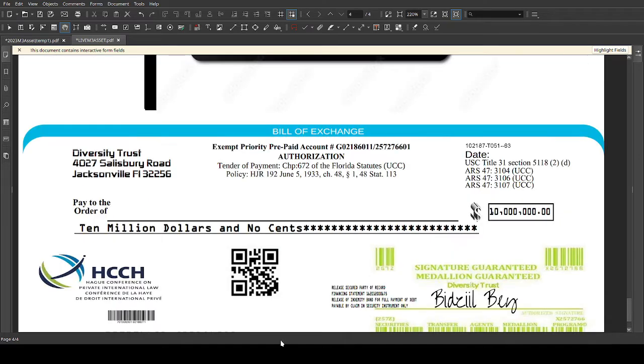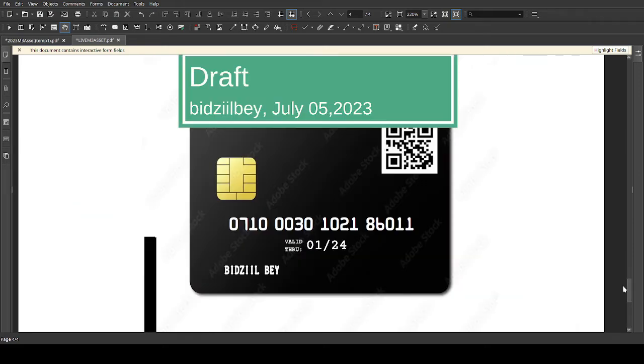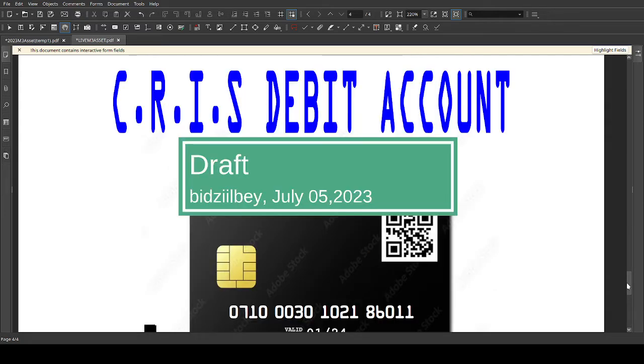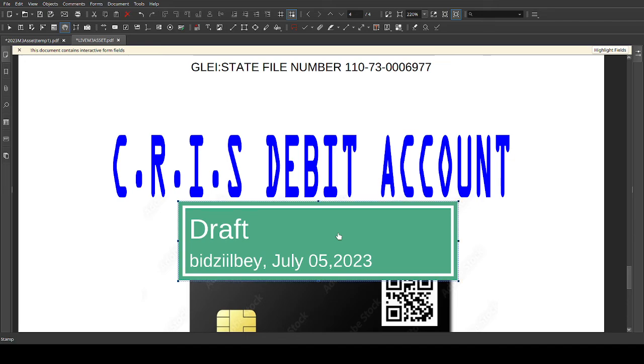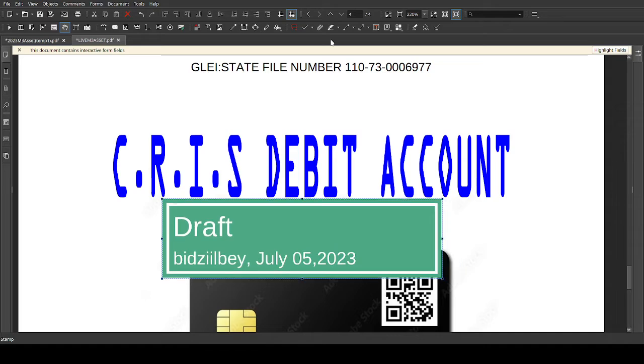This barcode is recorded on the document. And then the algorithm, everywhere it sees this barcode, it knows that this is a monetization point. This barcode in the CRIS is being used as a debit account. This LEI or GLEI is used as a credit account.